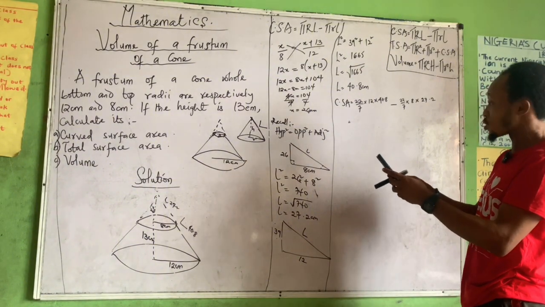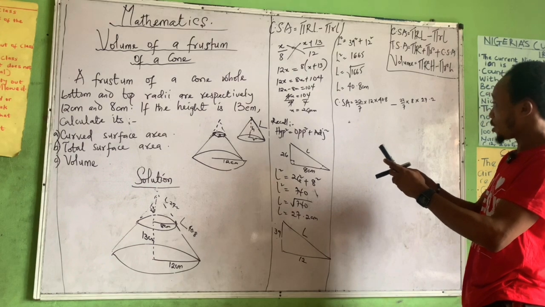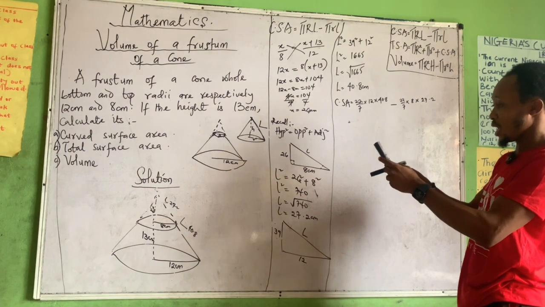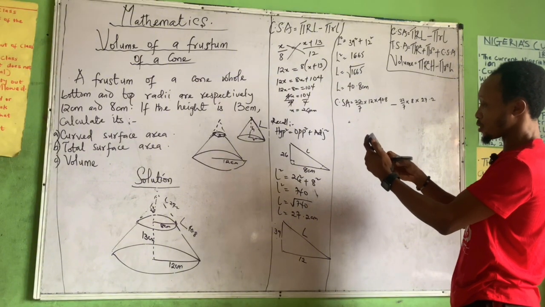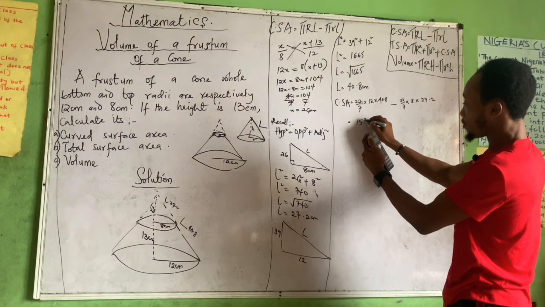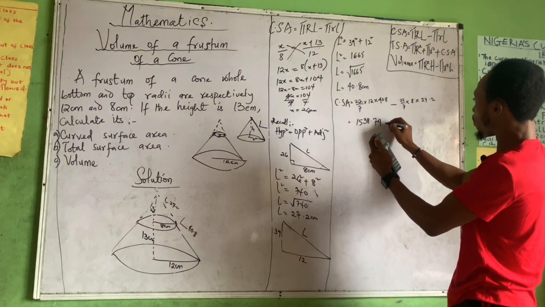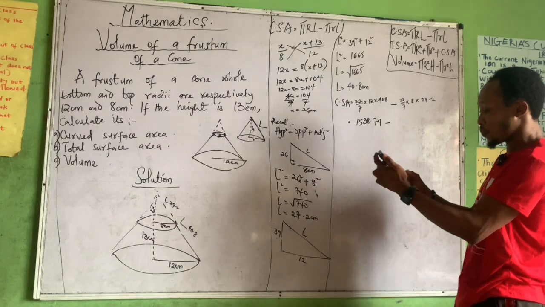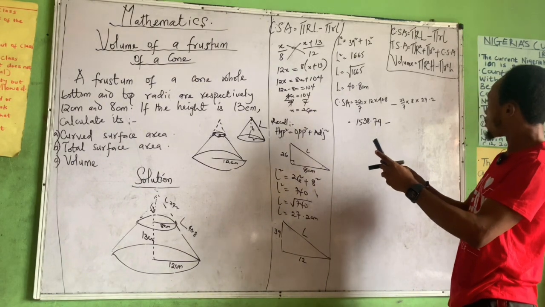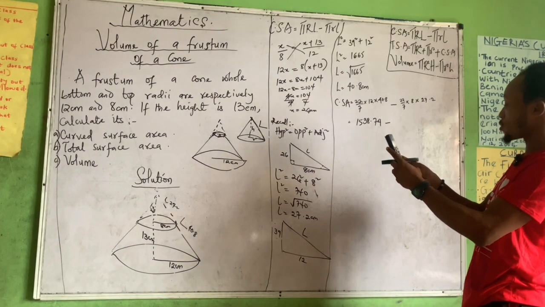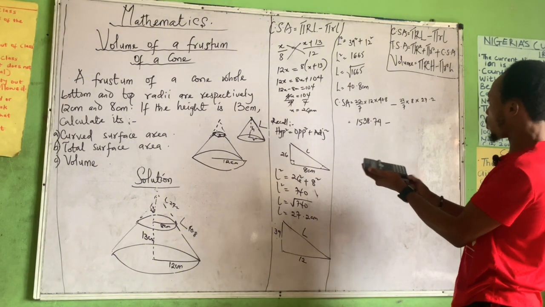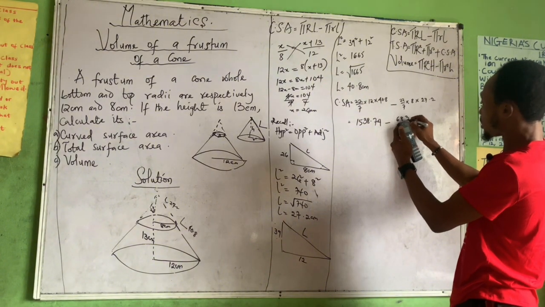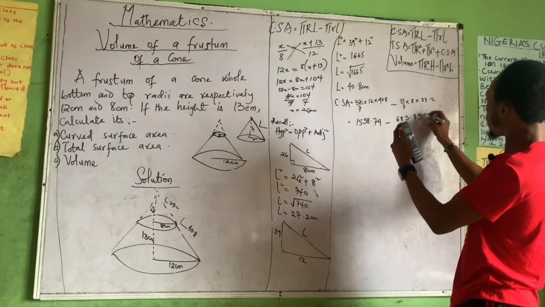We have 22 times 12 times 40.8. So this whole place divided by 7 is 1538.74 minus, now let's do this other place. So we have 22 times 8 times 27.2 divided by 7, we have 683.89.